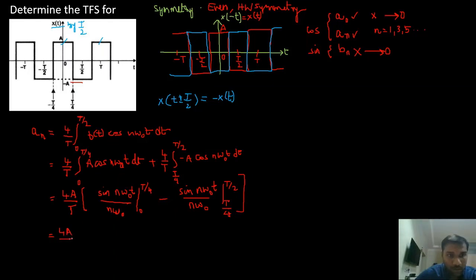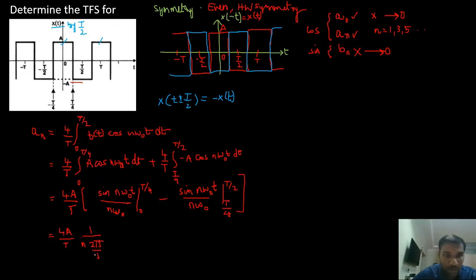4A by T. Both of them have n omega naught in common, so I'll just take n omega naught outside, into 1 by n omega naught, which can be written as T by 2 pi.